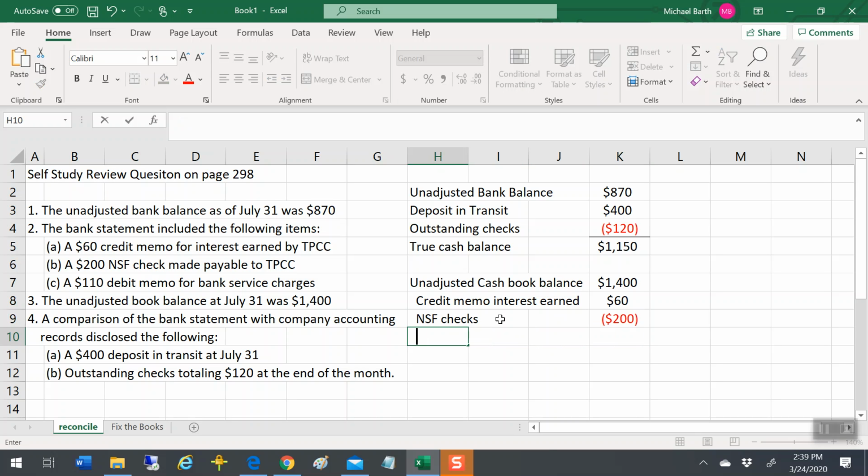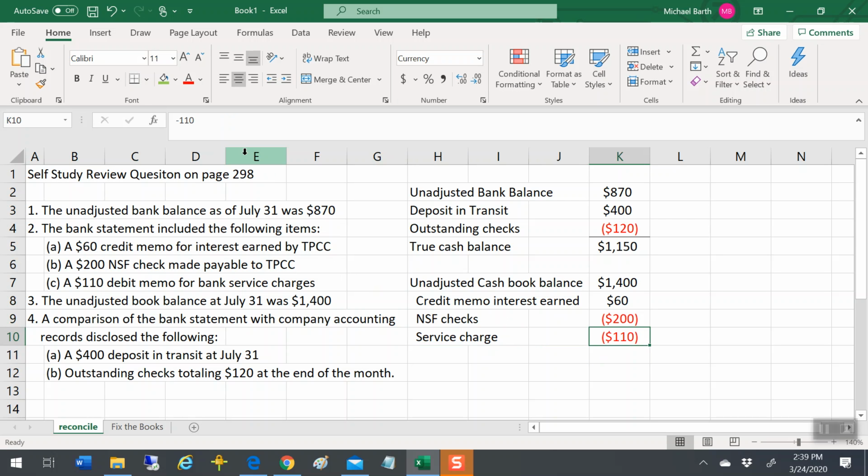And they also mention that the service charge is $110. That's the stuff we got from the bank statement. Didn't know the check hadn't cleared because the bank statement just told me. Didn't know I had $60 interest, but the bank just told me I did. And the service charge of $110, didn't know about that till I got the bank statement.